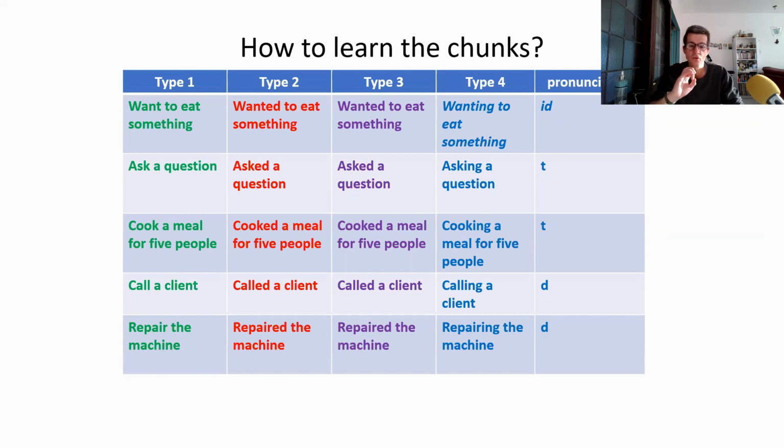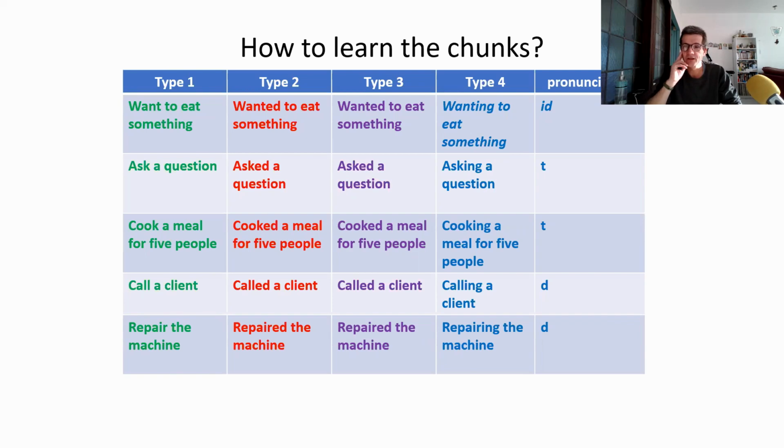You can do this with regular verbs, like want, ask, cook, call, prepare. Type 2 and type 3 are the same in writing, but unfortunately in English, the pronunciation of these ed endings is different. If it ends with a T or a D, like in want, you have this id sound: wanted. Wanted something to eat.